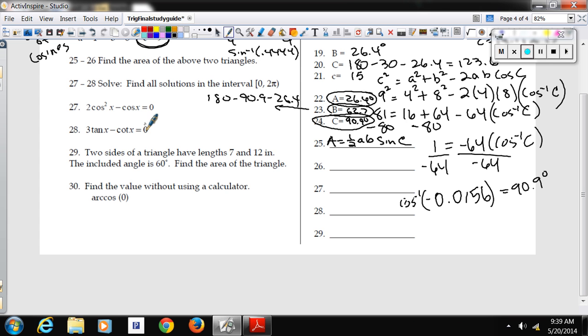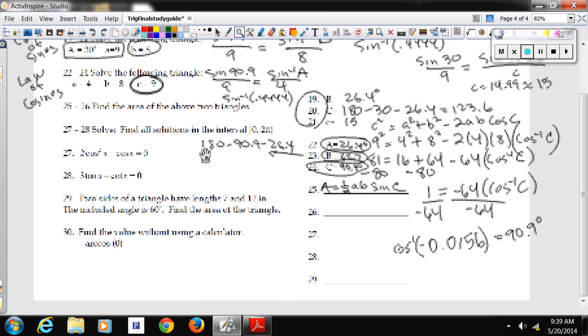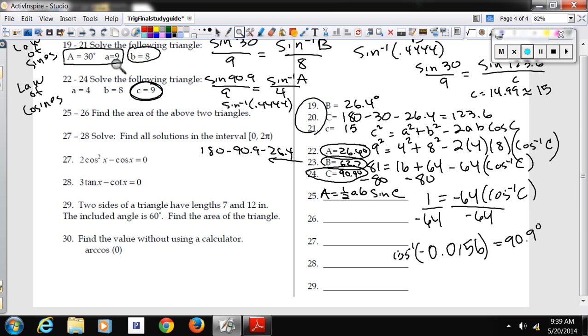If we go back up to this first problem right here, which I'm going to need to lower so we can see the little a, the little b's. Okay, so here little a is 9, little b was 8. So it's going to be 1/2 times 9 times 8 times the sine. Angle C here was 123.6.